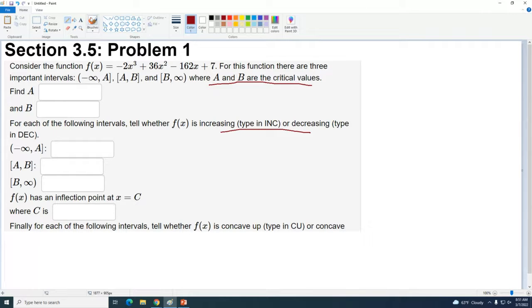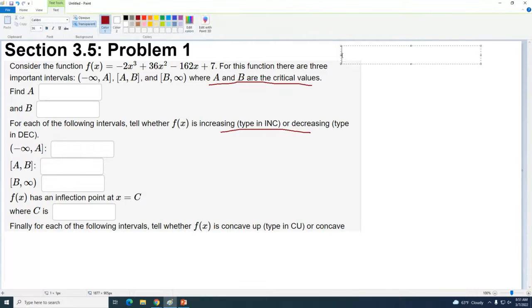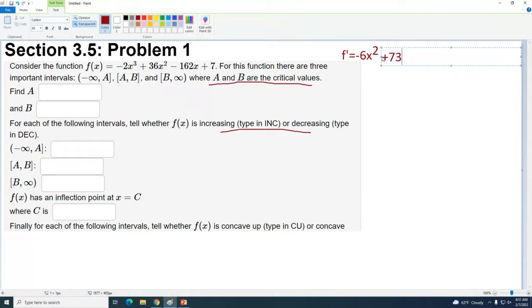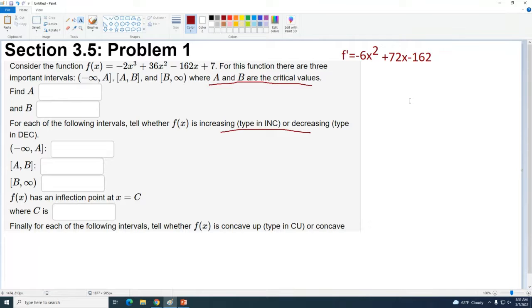So we're going to first calculate the derivative, which is negative 6x squared plus 72x minus 150. So can we set this equal to 0?